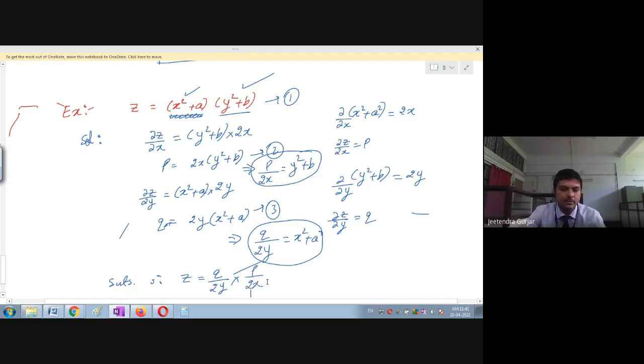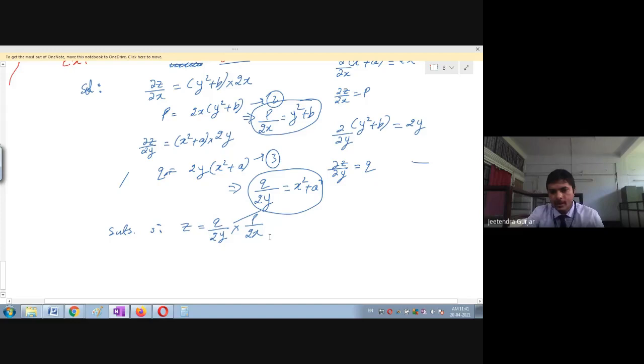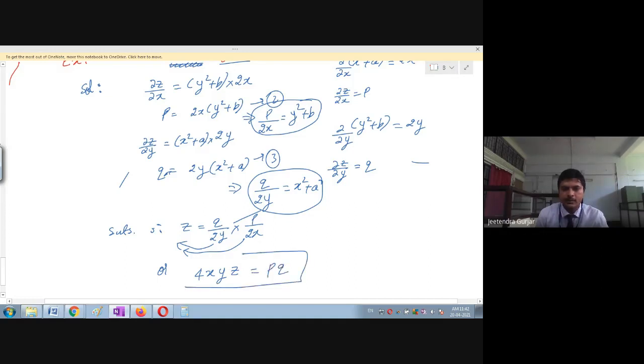So you can see here, students, I have eliminated a and b. Or I'll bring these terms this side and simplify. So you can see 2 into 2 will become 4. Here we have x, y, and z is equal to pq, that is 4xyz = pq. Everyone got the same answer? Please check the answer. I have eliminated the arbitrary constants a and b. Still, if you have any doubt, please ask me.